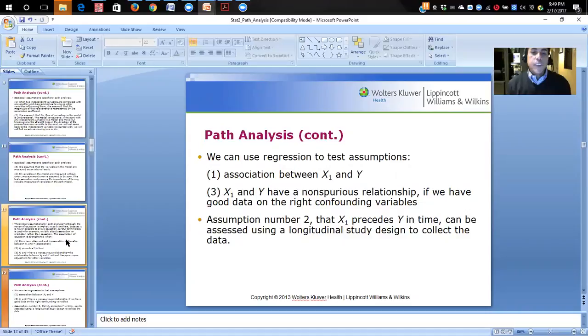So, can you guarantee that there are no confounding variables that you did not measure as a scientist? Not really.